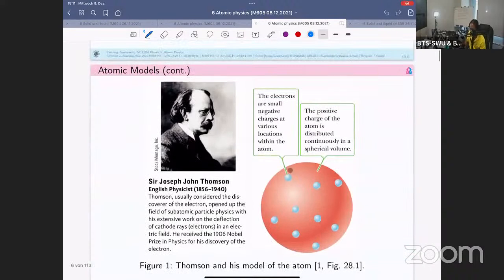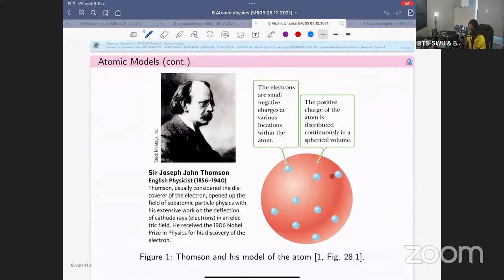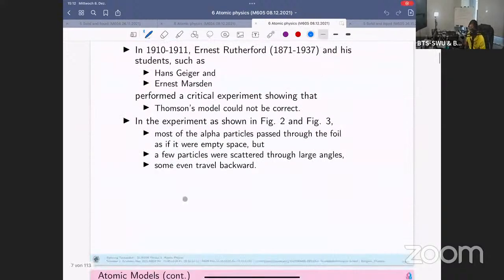They would find that if the model by Thomson is correct, the experiment should turn out a certain way.